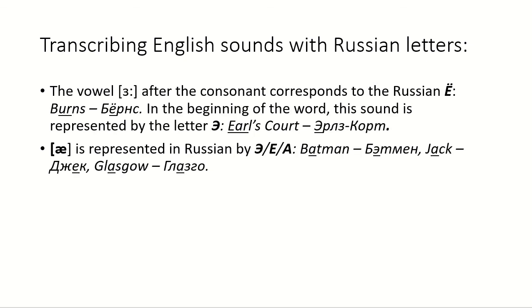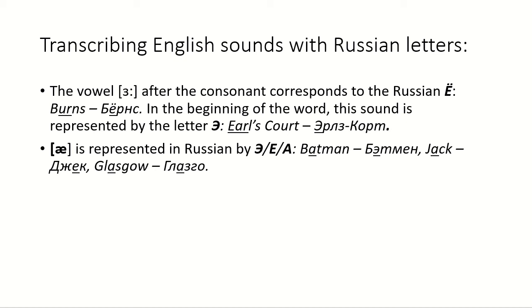Okay, good. The next is the vowel sound. Your vowel sound. So the vowel after the consonant corresponds to the Russian yo. For example, burns. In the beginning of the word, this sound is represented by the letter e.